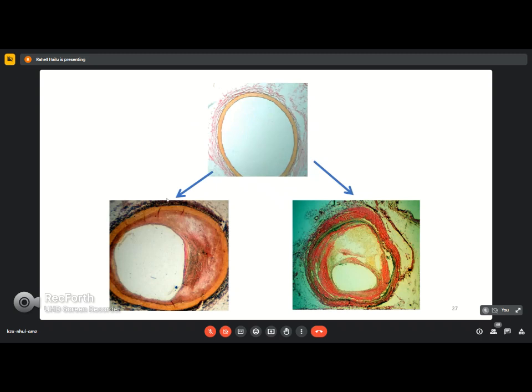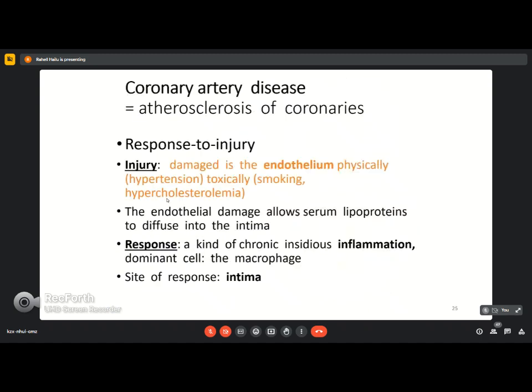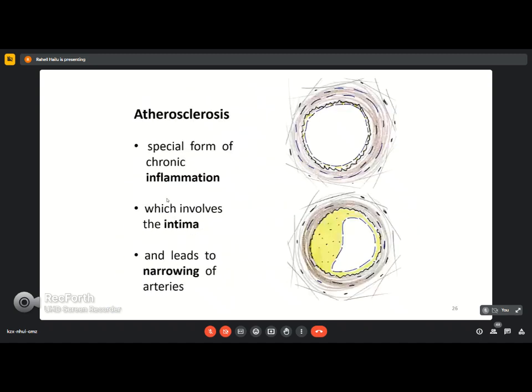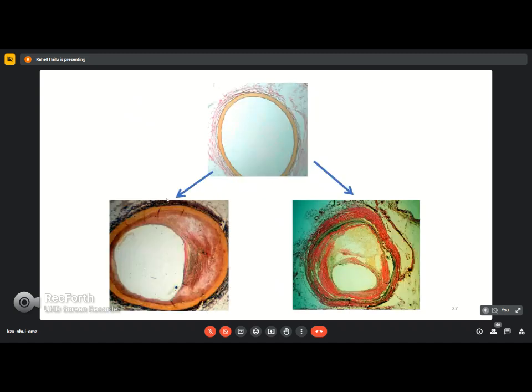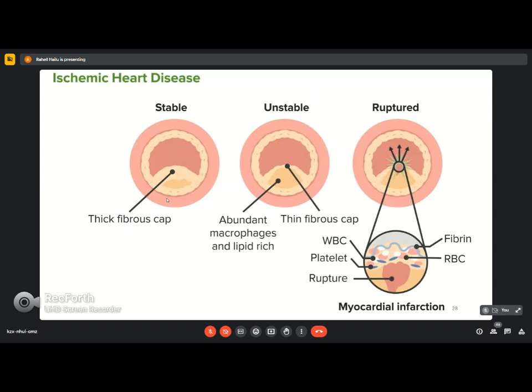Atherosclerosis, this is a revision: like 90% of the cases of ischemic heart disease occur as a result of coronary atherosclerosis. So ischemic heart disease, in the case of a stable one, usually results in chronic ischemia.